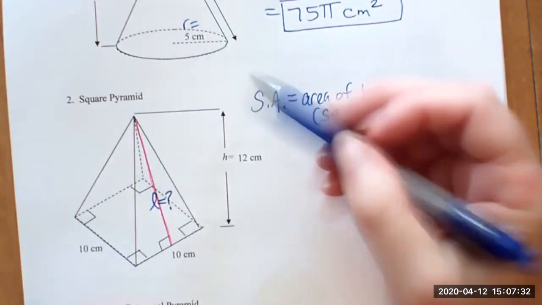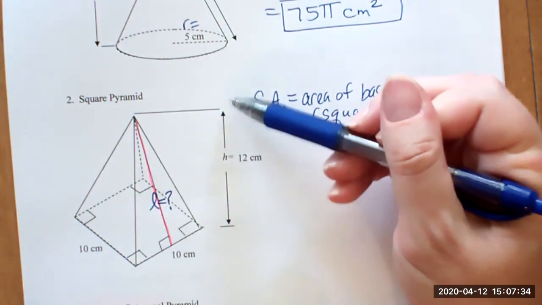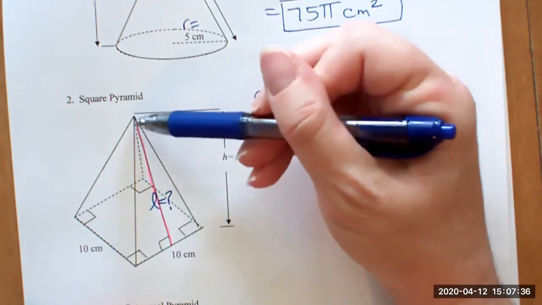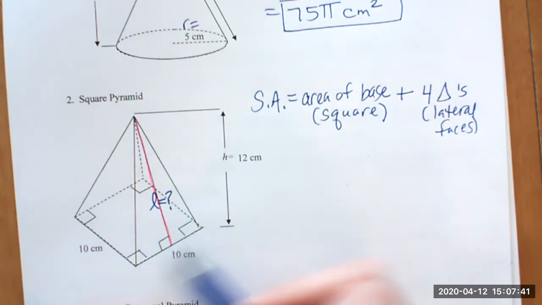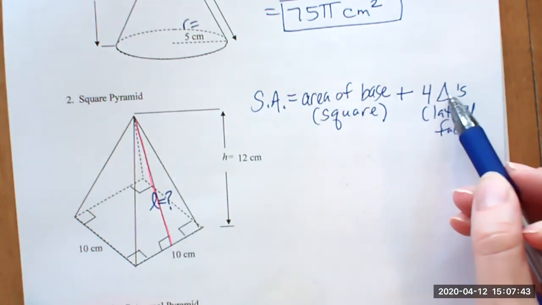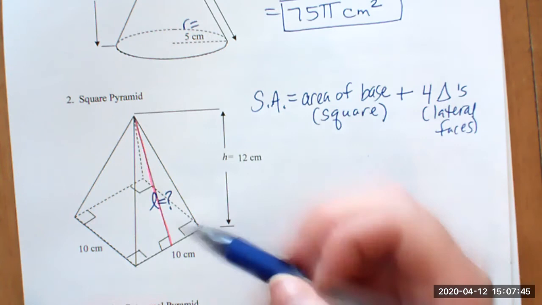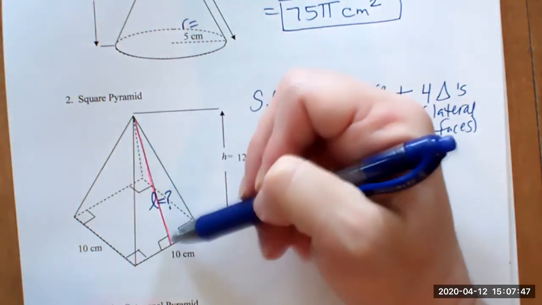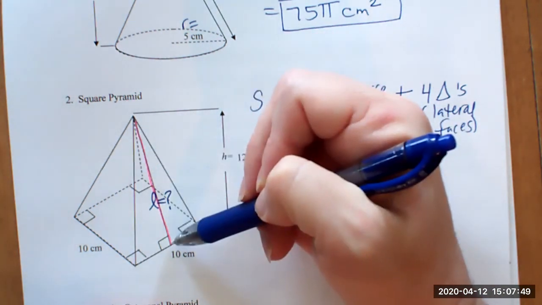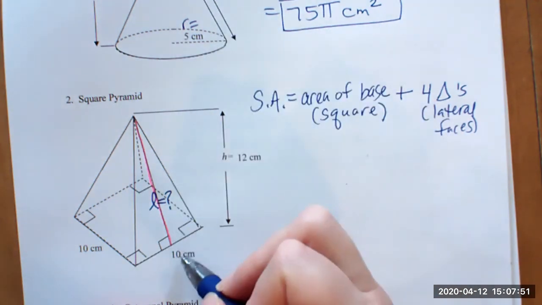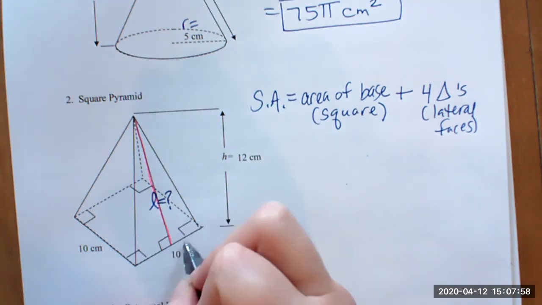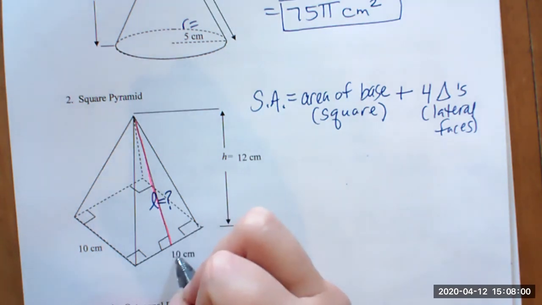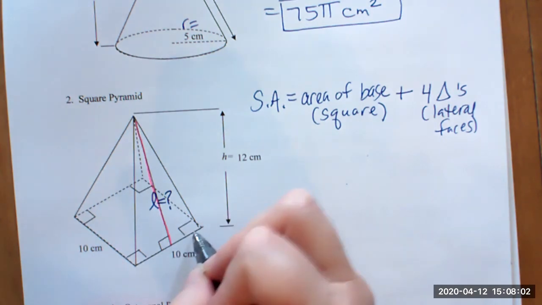Okay? But we do know what this height is. Now the thing is, this slant height is also the height of this triangle. And in order to find the area of these triangles, I need to know what this slant height is because it's also the height of the triangle. Okay? Right here, 10 is the base of one of the triangles, right? This length is not just the side of the square, it's also a base of one of these triangles, okay?